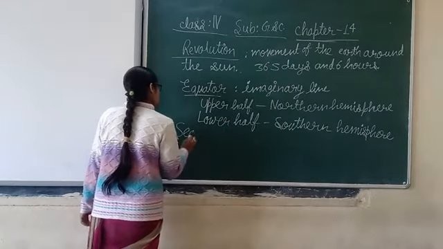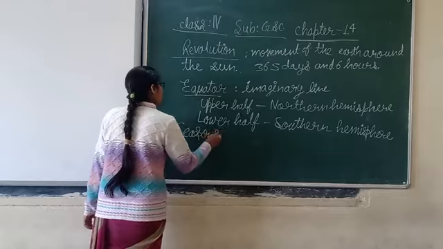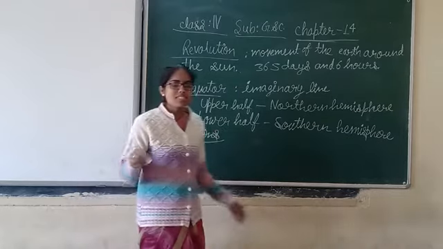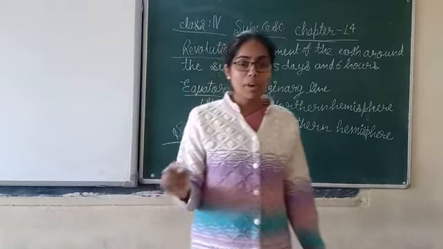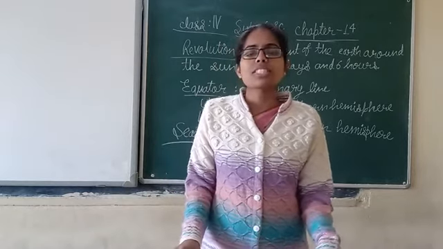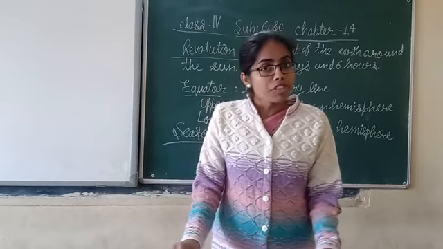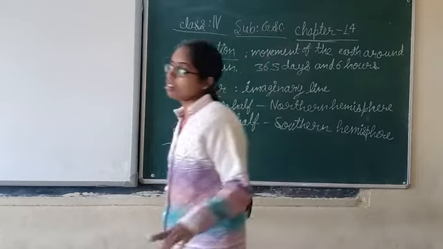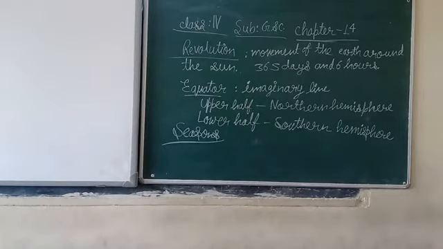Now we will study about the seasons and what the four seasons are, meaning what the differences are. We are going to study how the seasons occur. First question is, how do the seasons occur? We know that the earth moves around the sun, and in doing so it completes one revolution round the sun in 365 days and 6 hours.